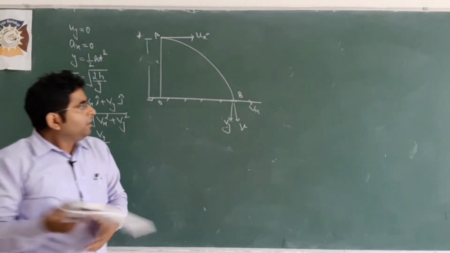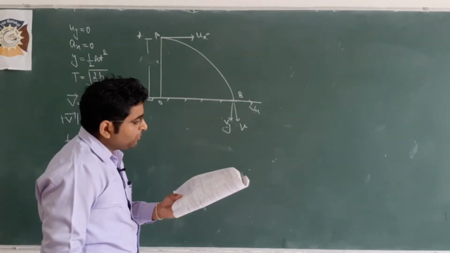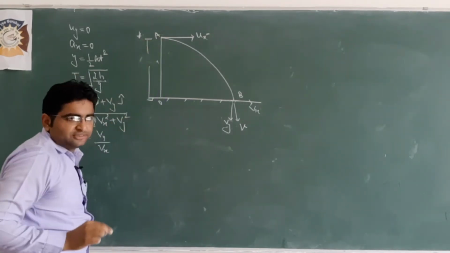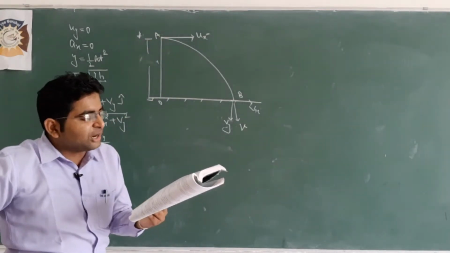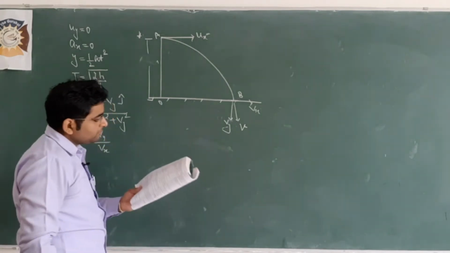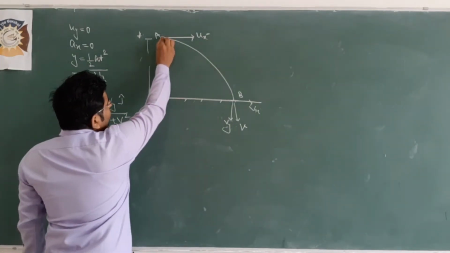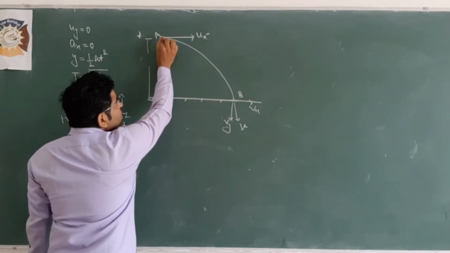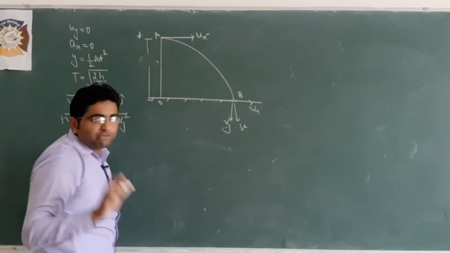A body is thrown horizontally from the top of a tower. Suppose O to A, this is a tower, and it strikes the ground after 3 seconds. So beta, the body which is thrown from here will strike the point B after 3 seconds.